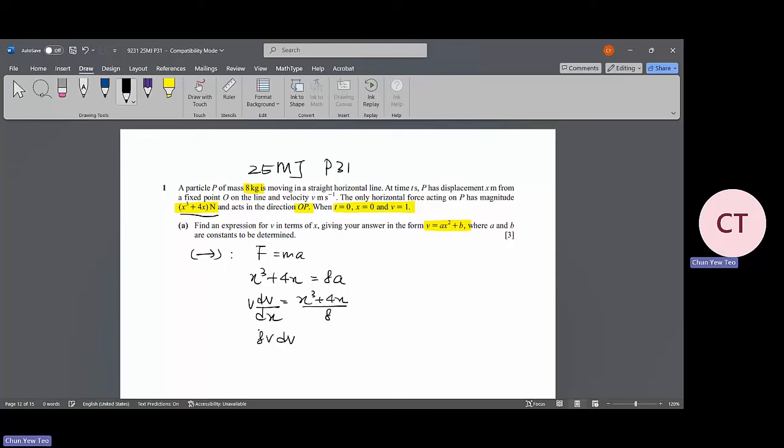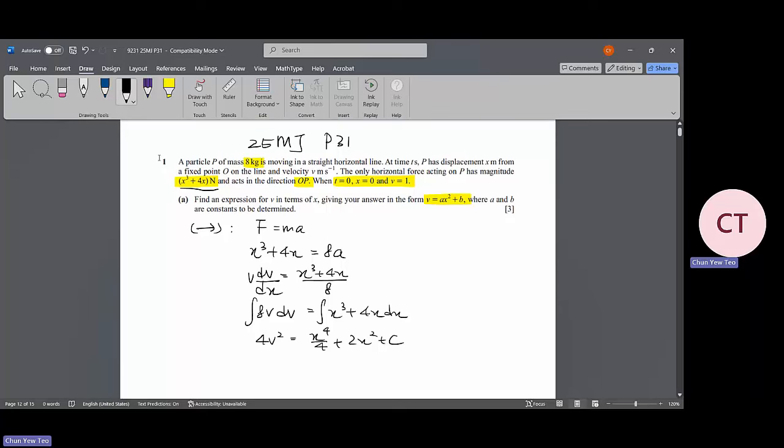Now we just need to separate the variables. 8v dv integrated is equal to x cubed plus 4x dx. If you integrate this, you get 4v squared equals x to the power 4 over 4 plus 2x squared plus c.